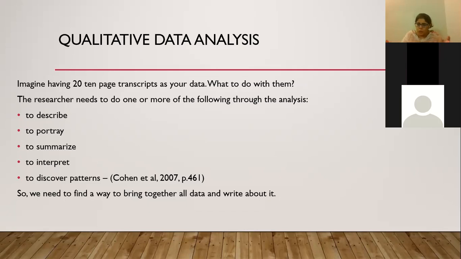Like I asked you all to interview, and many of you sent me your transcripts, and now we have a lot of data, right? So if we put all that data together, we would have around 50 interviews. We need to find a system to be able to look at all of them together and to report on that, right? So our question was, why are literature students choosing literature?